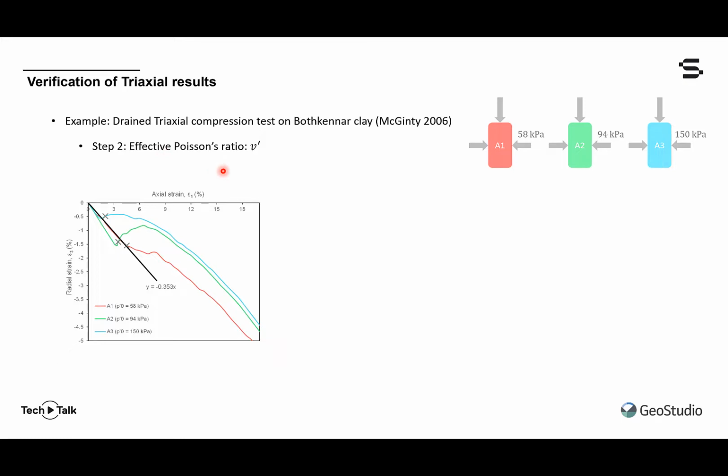In this case, we can see here that the slopes are all pretty well equal, and in fact, an average Poisson's ratio is obtained as 0.353, which is a very common value for soft clays.